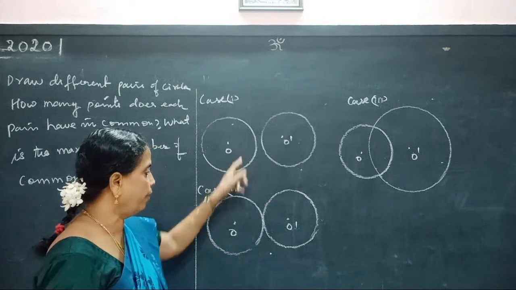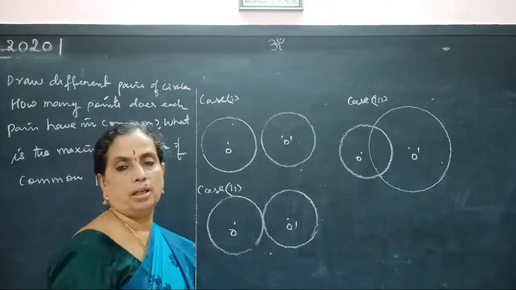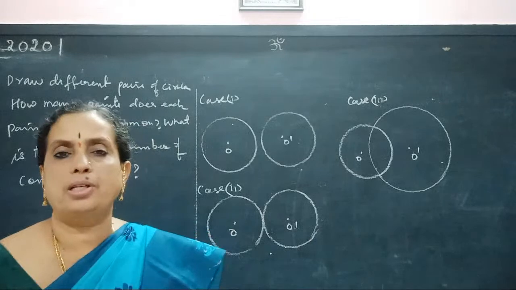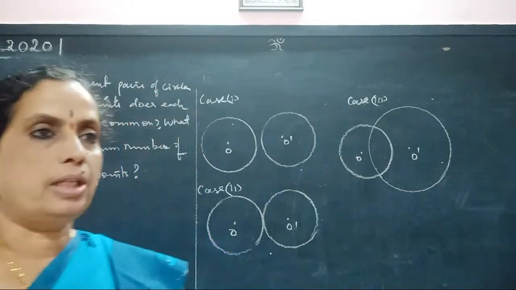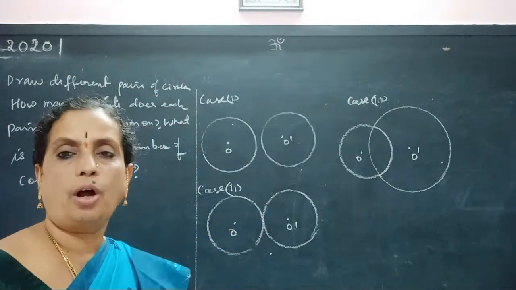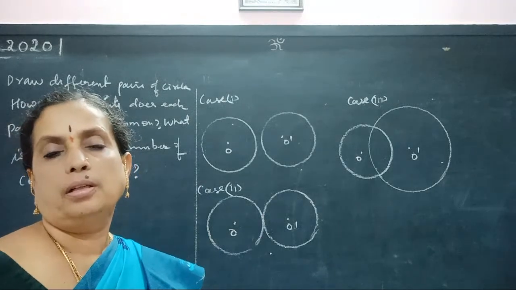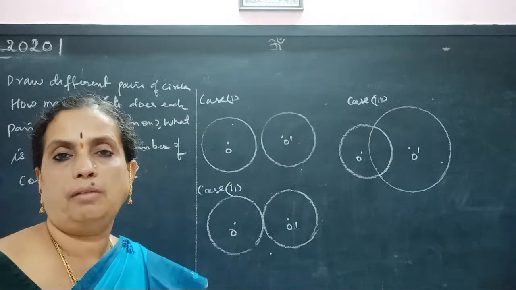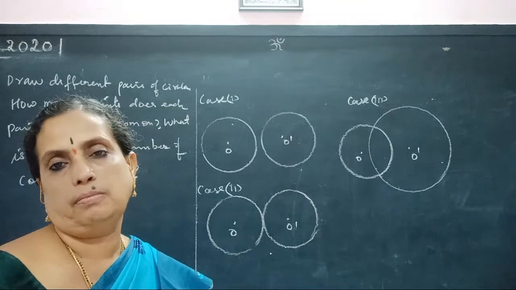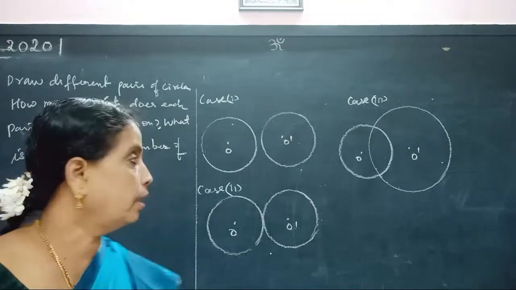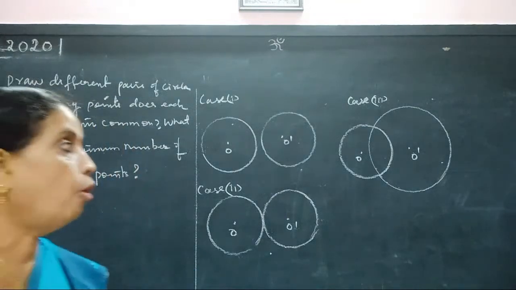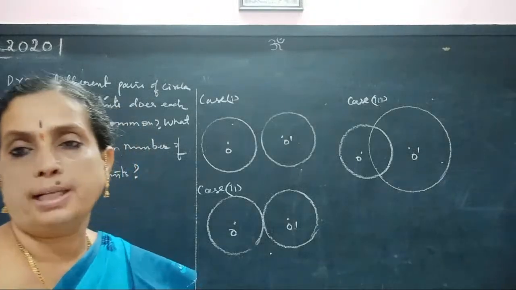Here, what is the difference among the three? How can you differentiate? In the first pair of circles, what are we finding? In the second pair of circles, what are we getting? In the third pair of circles, how many points are intersecting?